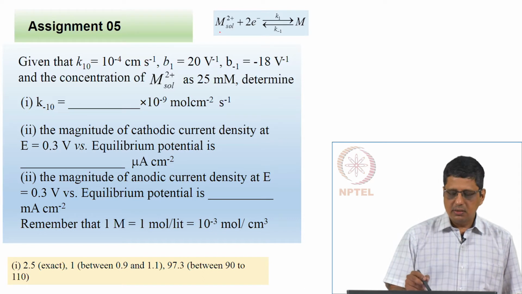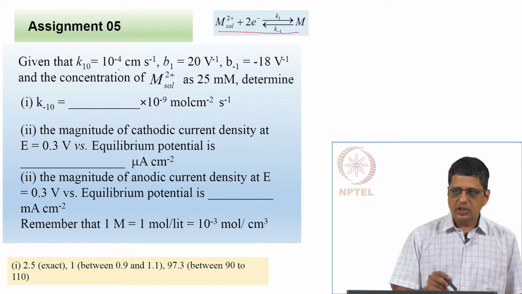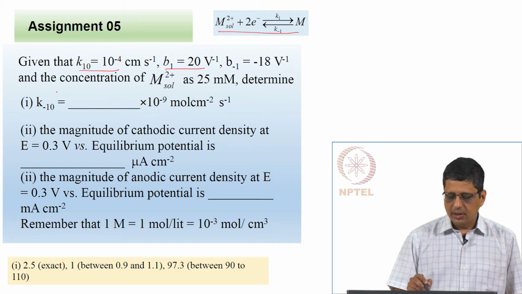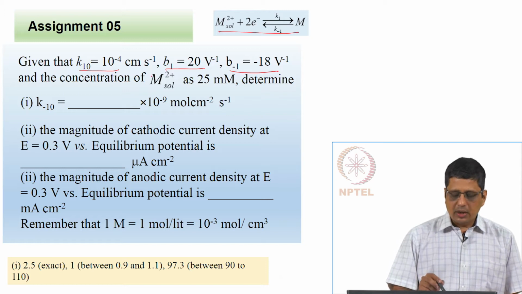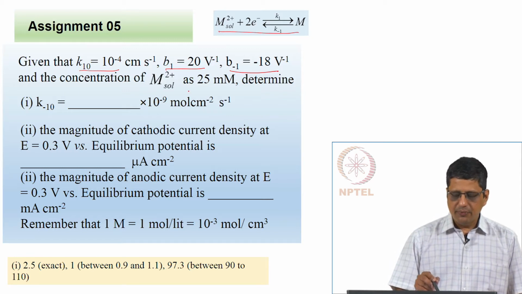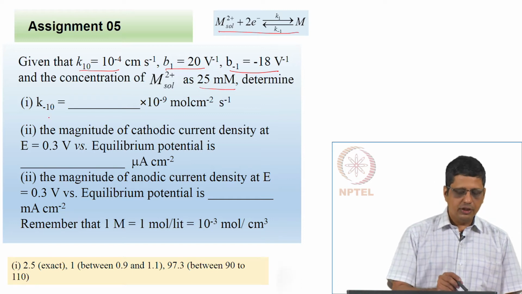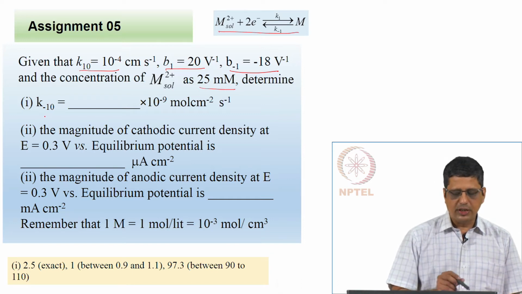Next question is, in that reaction, you are given the rate constant values K10, B1, B minus 1, and the concentration of metal 2 plus in solution is 25 millimolar. First question is, what is the value of K minus 10?